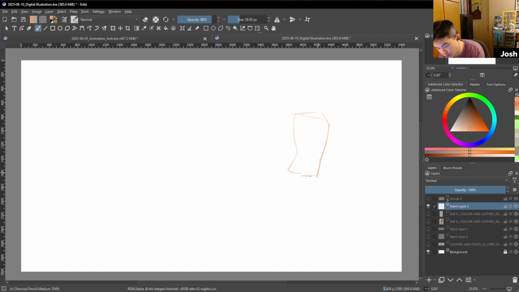Just trace over it roughly. It doesn't have to be a very complicated, fully in-depth drawing, but this way you can see where the limbs should go and where everything should roughly be. Something like that.